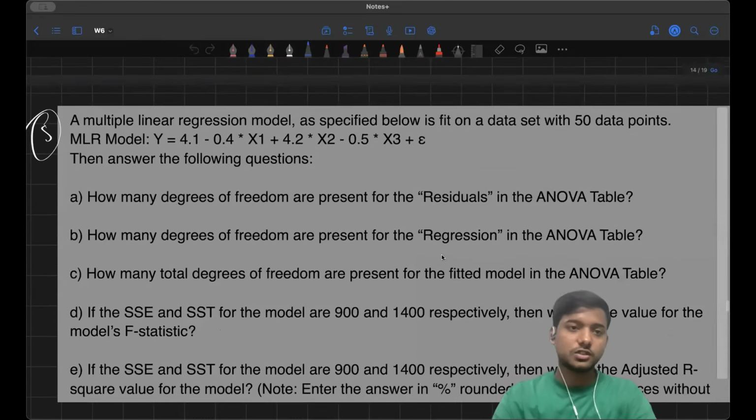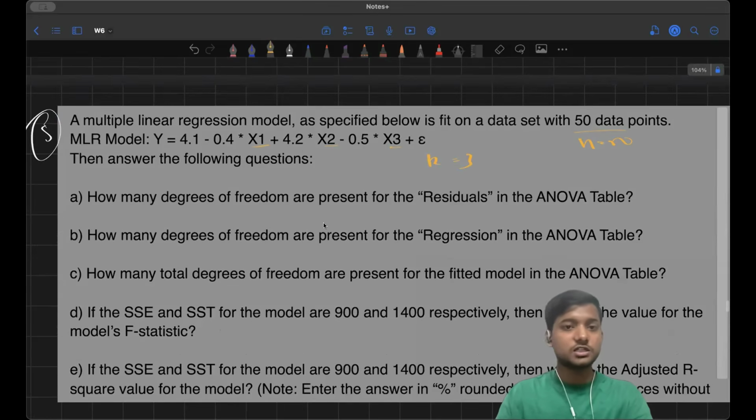Now coming to this question. A multiple linear regression model as specified below is fit on a dataset with 50 data points. So you have n equals 50. The MLR model is y equals 4.1 minus this. So from here you can say k equals 3, 1, 2 and 3. So I have 3 input variables or 3 explanatory variables. How many degrees of freedom are present in the residual in the ANOVA table?